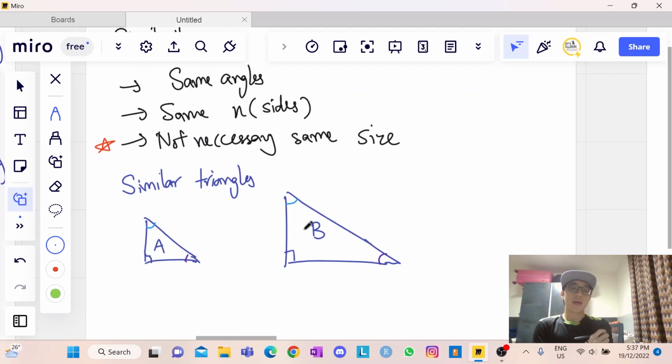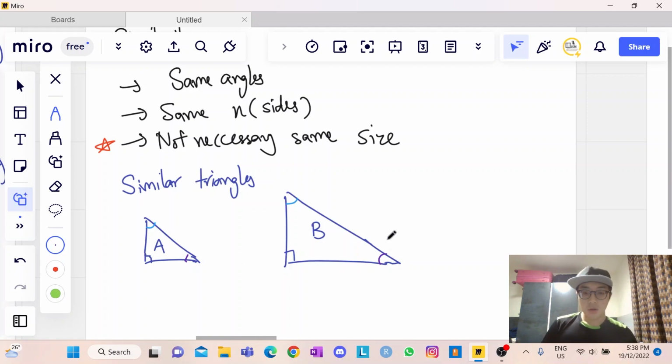Since all the angles are the same and they have the same number of sides, they are similar. Since their sides are different, they are still similar, and they are not another name called congruent, but we will see that later on.